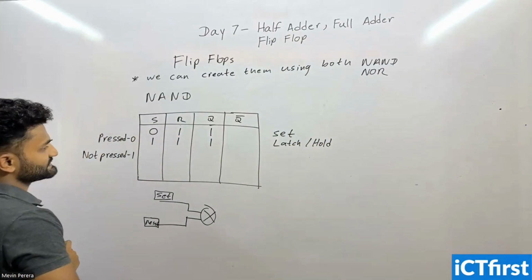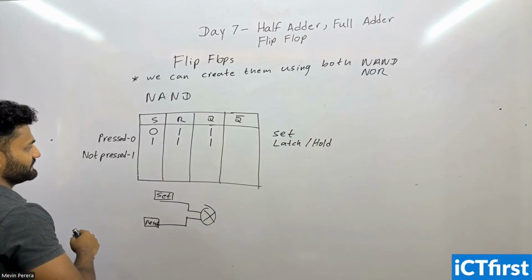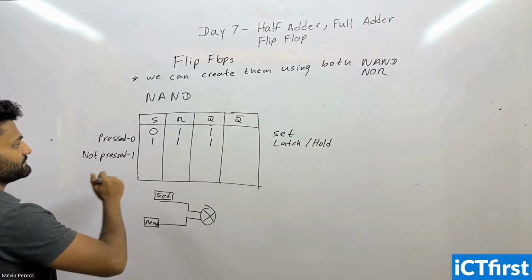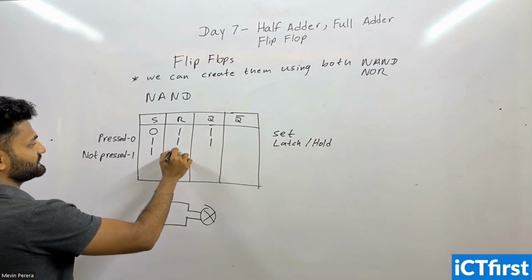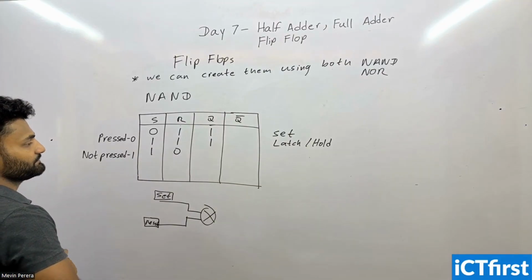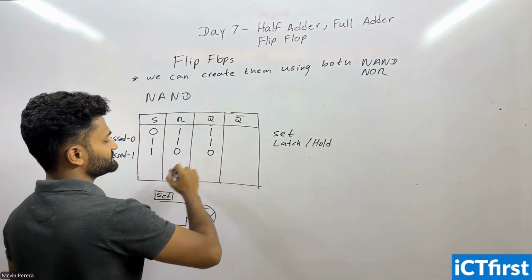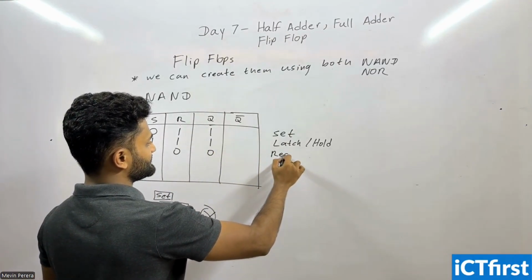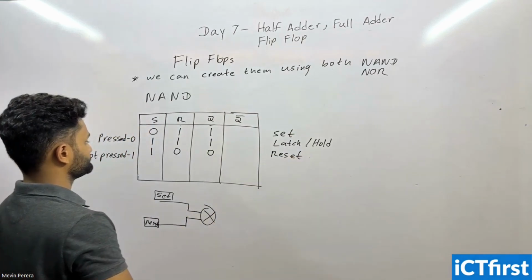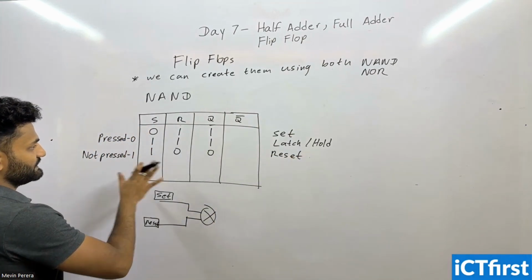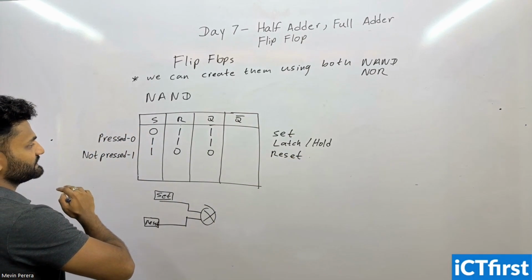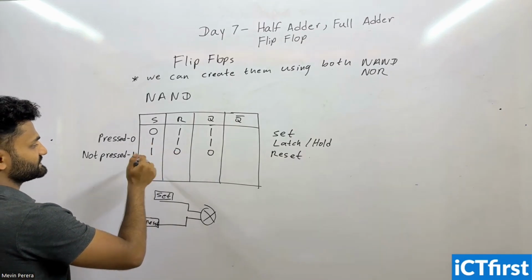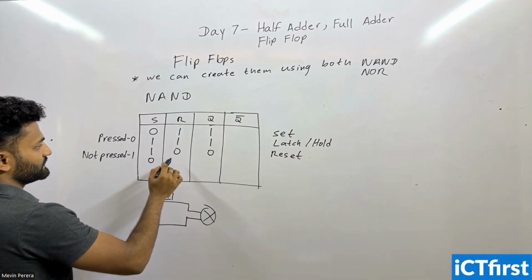Now in the next instance, I'm going to switch it off. Okay. So I'm going to press the reset button. So the reset button is on. Okay. Then this becomes off. So this is the reset instance. So in the next instance, now the reset is done.